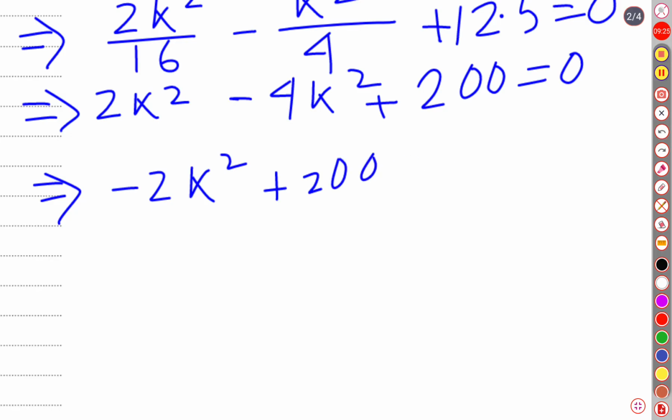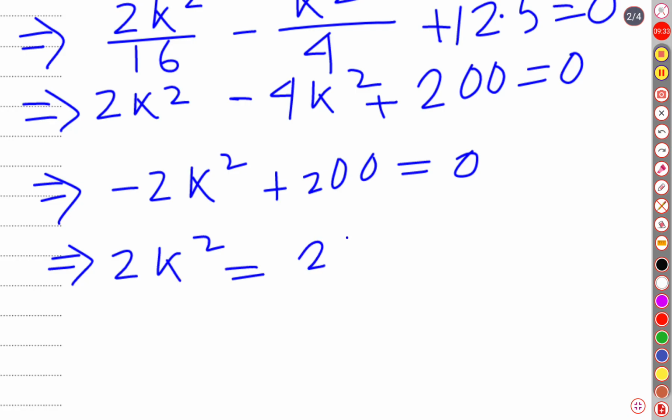Then what are we going to get? If we simplify it, 2k squared is equal to 200. From both sides we are omitting the negative symbol. That means k squared is equal to 200 over 2, which is 100.